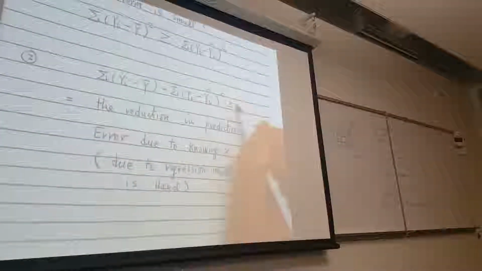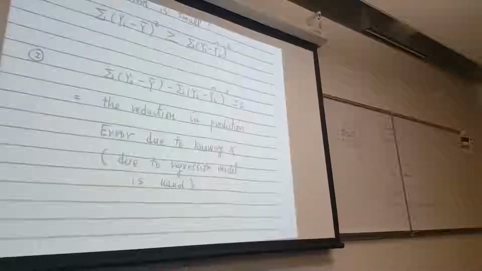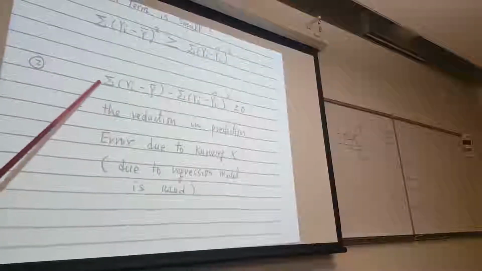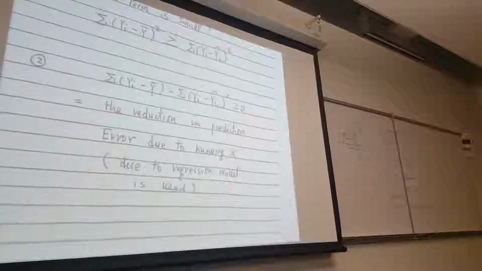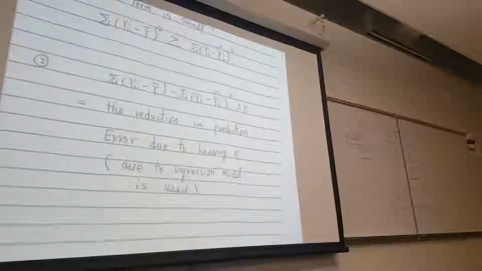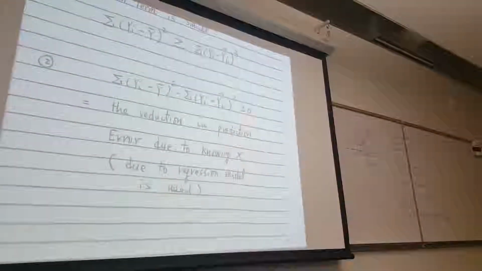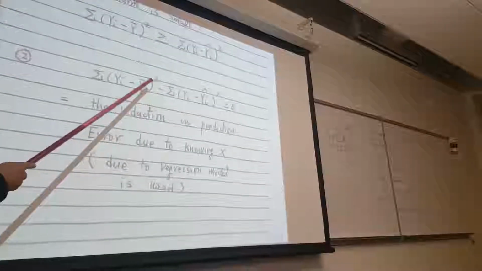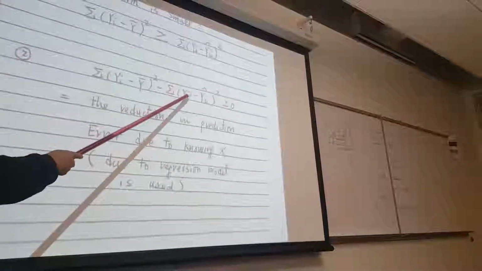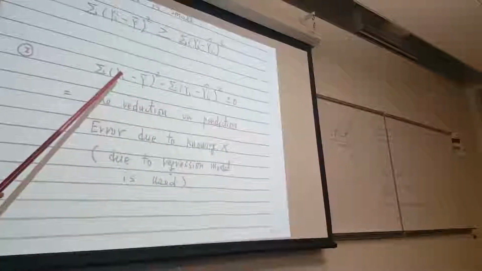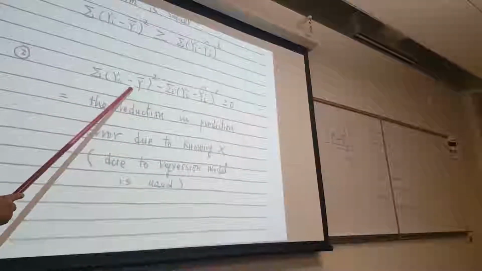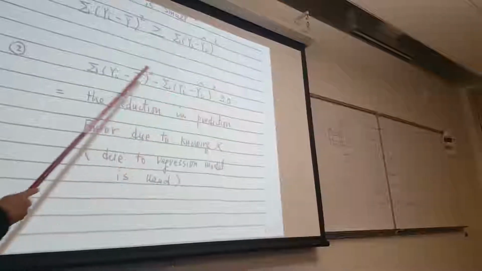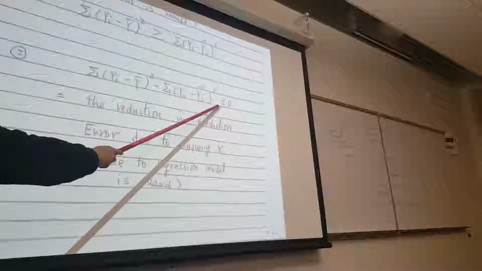Greater or equal to 0, okay? This is total prediction error squared when we don't know x. This is total prediction error squared when we do know x. The difference must be greater or equal to 0.